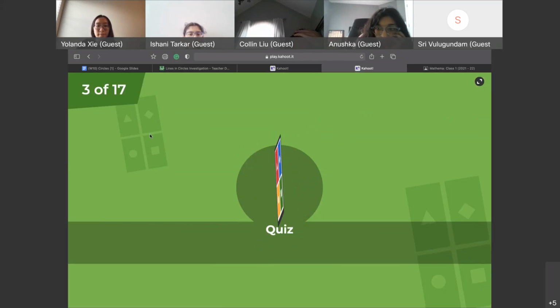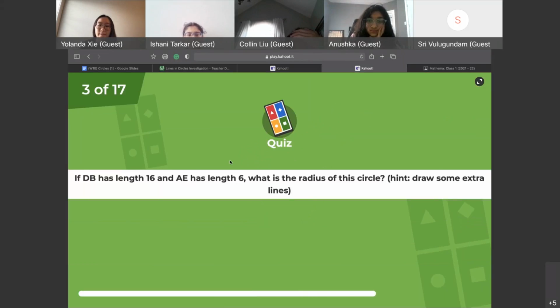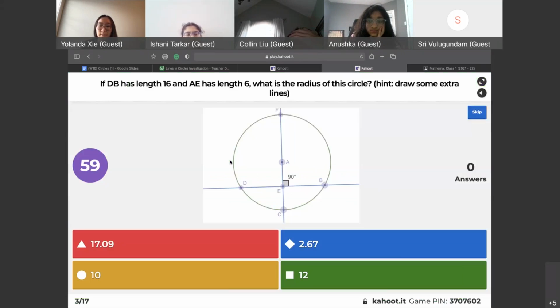All right, double points. If DB has length 16 and AE has length 6, what is the radius of the circle? The hint is that you can draw an extra line to make this problem much easier. Think about where you could draw that extra line.